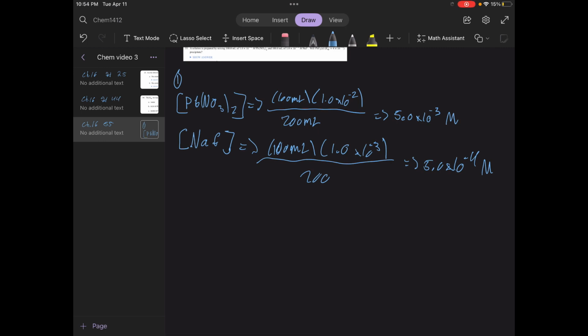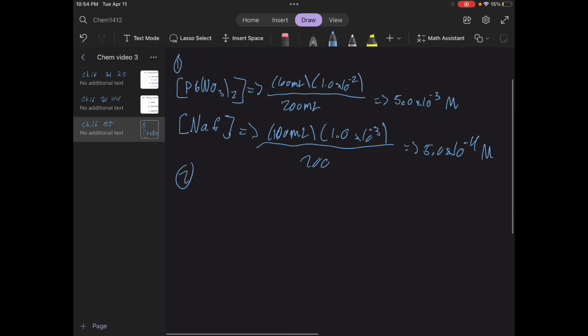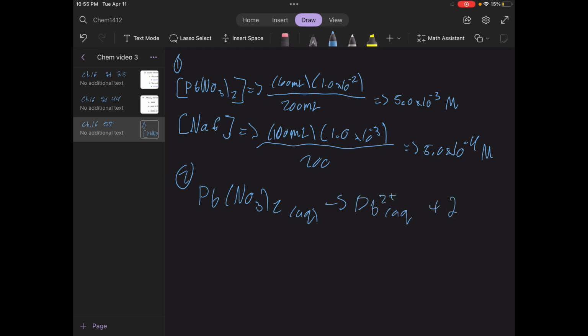So here we know in step 2 we have to know the concentrations respectively for Pb and F. So first we know they completely dissociate. So first we're going to start with the Pb(NO3)2 aqueous, and it's going to go to Pb2+ aqueous plus 2 NO3 minus aqueous.